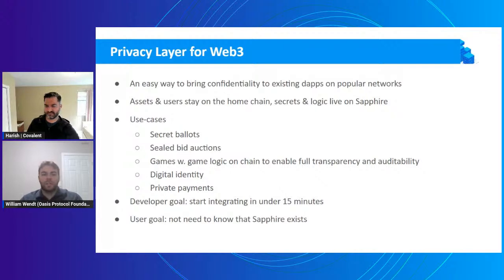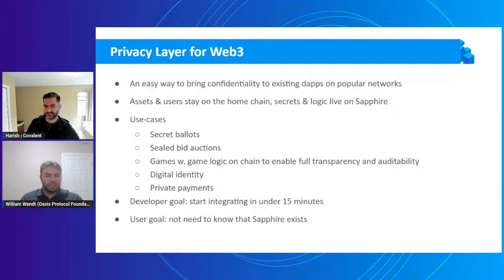And so, we think that this idea of an Oasis privacy layer to enable these sorts of use cases is going to greatly enhance the sophistication and complexity of what can be done in Web3. Some other use cases are secret ballots, like the DAO voting contract.